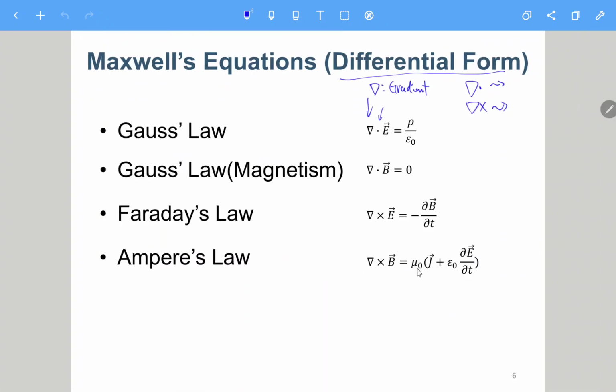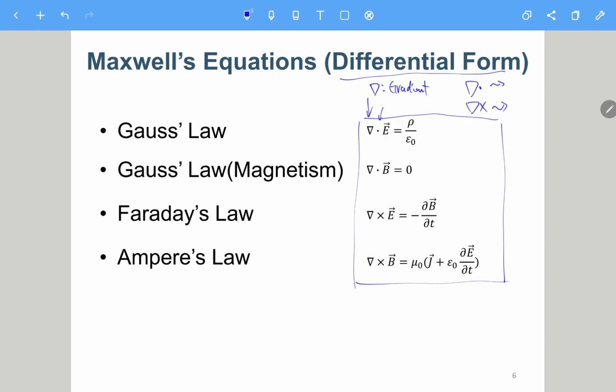Okay, so it turns out to be mu 0 j plus epsilon naught partial E partial t, something like that. Actually, we will use some more mathematics to derive that rather than just a conversion, but sometimes in physics many equations we can use this kind of quick trick to convert things.